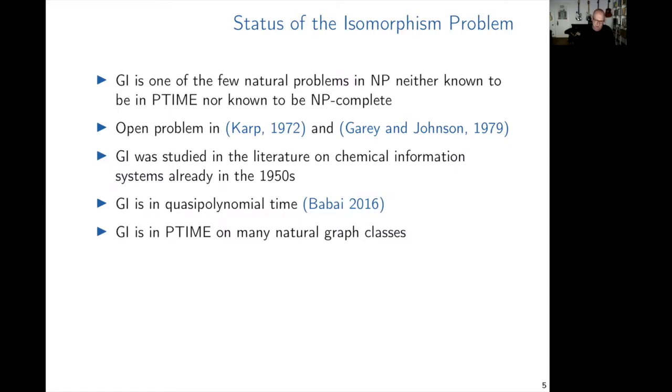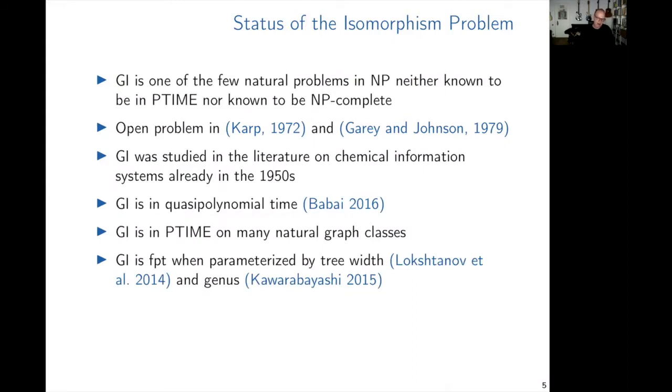We also know a few FPT algorithms. A very nice result was by Daniel Wiebking and a couple of others in 2014, that it's in FPT parameterized by tree width.